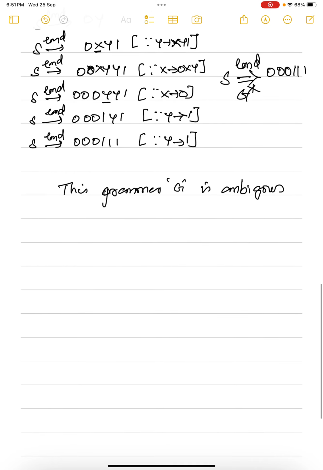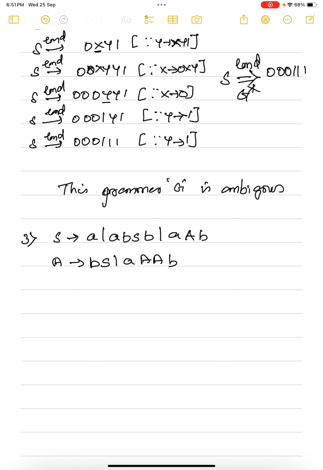Now I'll give you two more problems. You can check whether the given grammar is ambiguous or not, and practice with these problems.